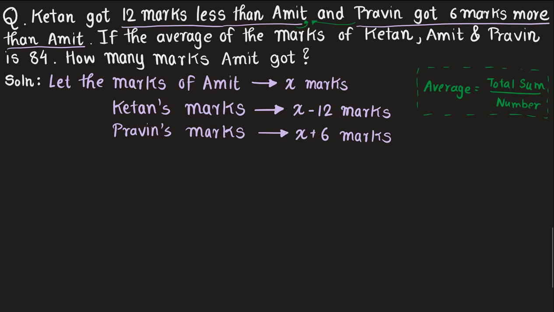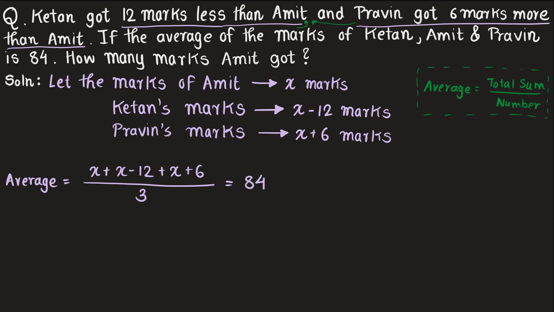So here we will find out the average of the marks, that is, average is equal to total sum, that is x plus x minus 12 plus x plus 6. This divided by how many persons are there? So there are total 3 persons here. So what is their average given?